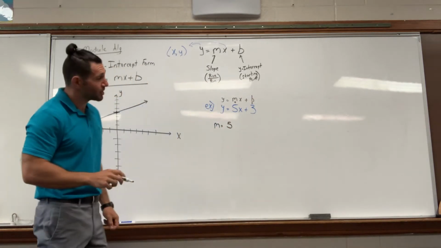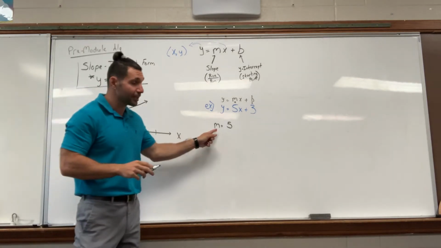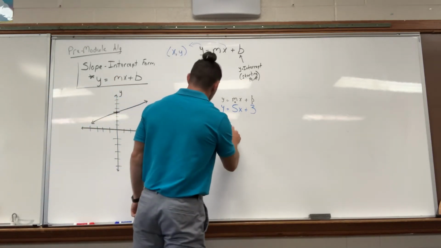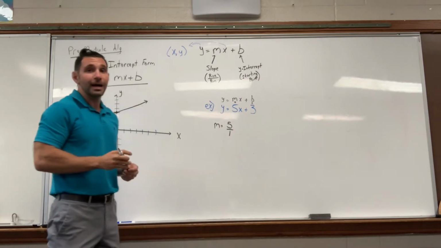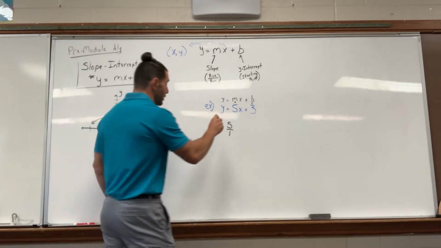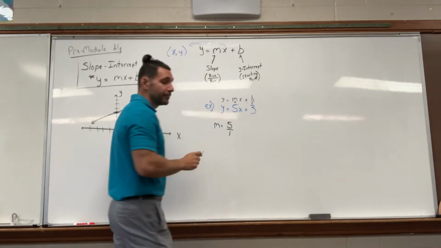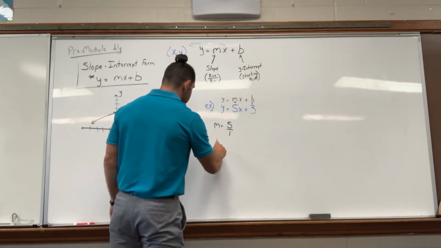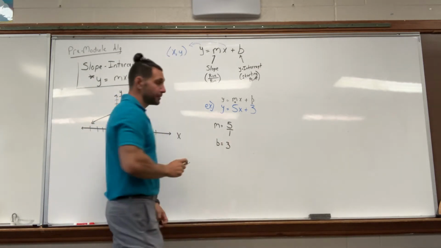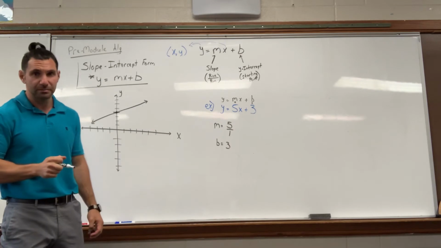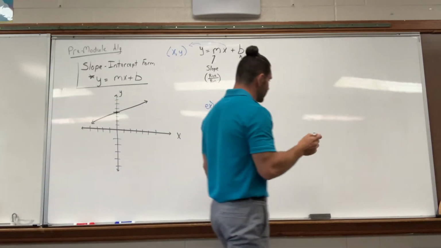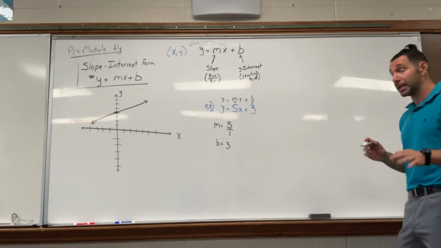But I don't want it to just be a whole number. When we're talking about slope, because it's rise over run, I need you to have a denominator. So it's 5 over 1. The y-intercept is just a whole number of 3. Pretty easy. Well, Mr. H, why are you teaching this after literal equations? I know, we're going to get there.